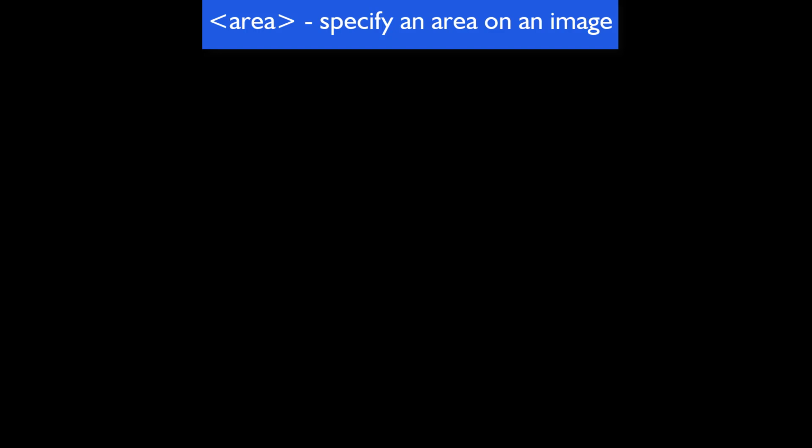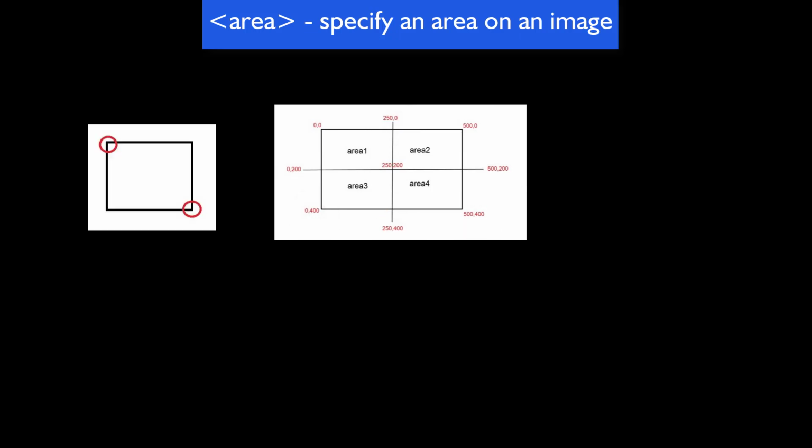For example, suppose we have an image that is 500 pixels wide and 400 pixels high. Then here's a diagram showing the coordinates of a number of points. For rectangular shapes, you specify the coordinates of the upper left corner followed by the coordinates of the lower right corner. So for this figure, we have these coordinate values. Area 1, upper left corner is 0, 0, and lower right corner is 250, 200.